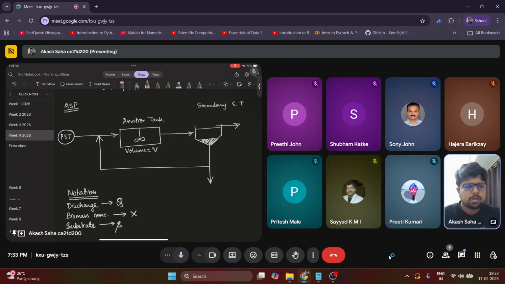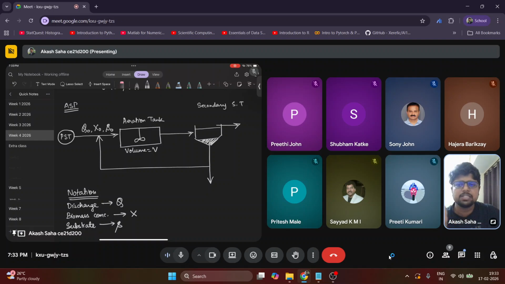So suppose from the primary sedimentation tank, some Q0 flow is coming with some very minimal microbial concentration of X0. So X naught, we generally take it as 0. We don't assume that any microbial concentration is coming, but still let it be very low, X naught. And the substrate or the BOD, whatever BOD we want to remove, let it be S naught.